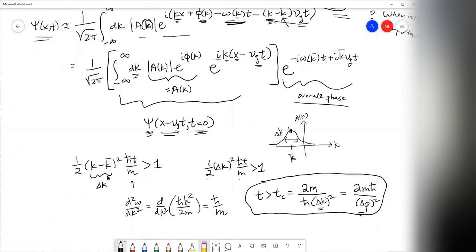And then we still don't know what this k minus k bar is. And I'm arguing that if you have some initial shape for your envelope, then the maximum this can be is the width of that envelope, right? So that's delta k, and that's related to the uncertainty in the momentum. And so this gives you a criterion of when that term starts to contribute.